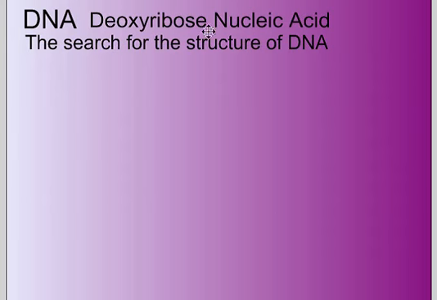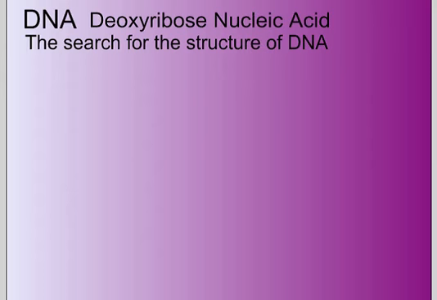Deoxyribose is a sugar. Nucleic acid are those bases I showed. It's a combination of the sugar, a phosphate, and a base. It makes what's called a nucleotide, and we're going to talk about that 2 videos from now. And a whole bunch of nucleotides put together makes a nucleic acid. But we'll do a lot of detail there.